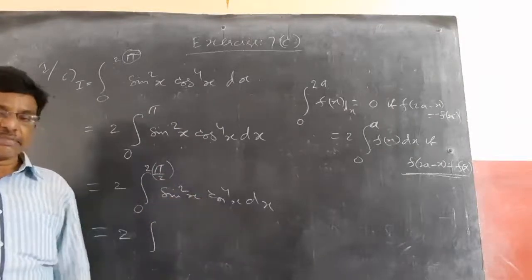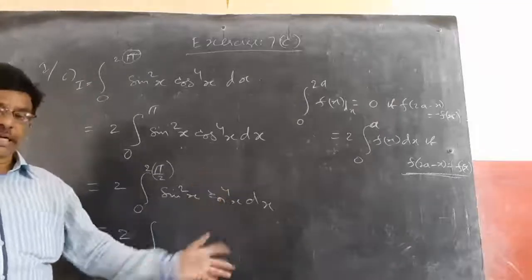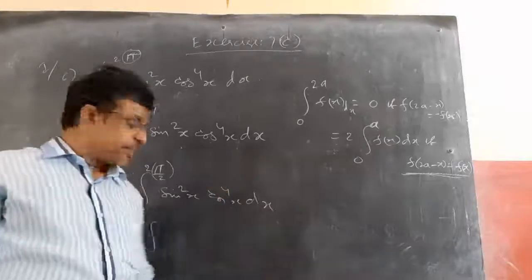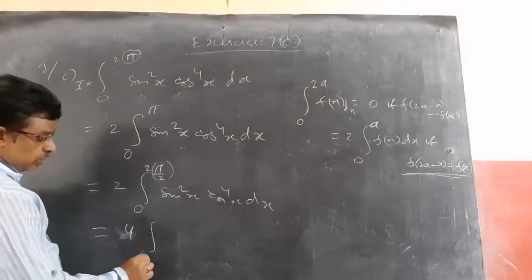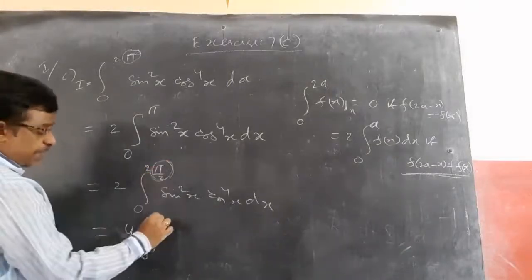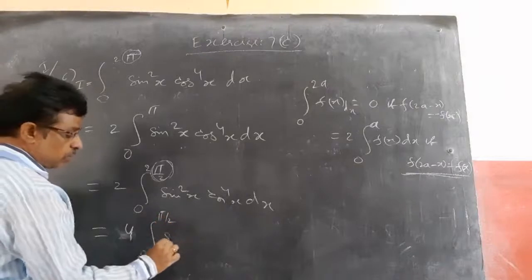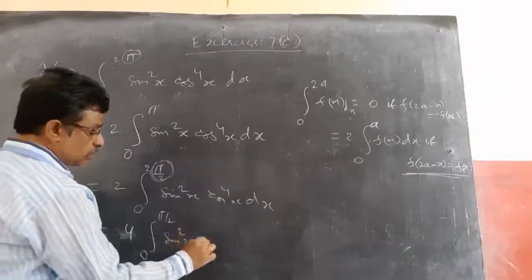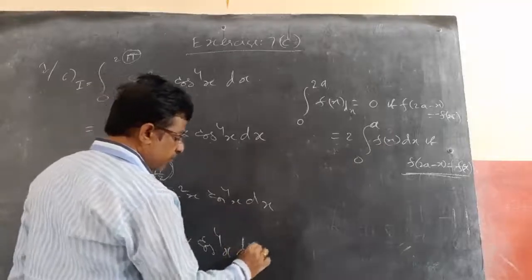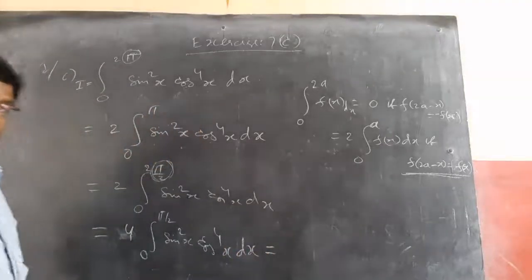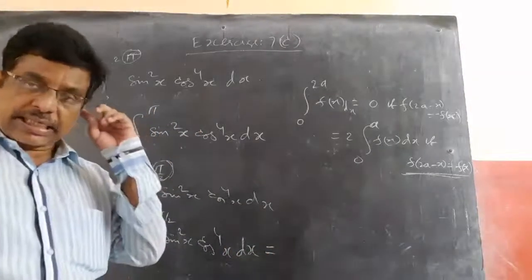Cos of pi minus x is minus cos x, but power 4 is automatically plus. So again it is an even type. So 2 into 2, this becomes 4 into integral 0 to a. This time a is pi by 2. So 0 to pi by 2 sin square x into cos power 4x dx.